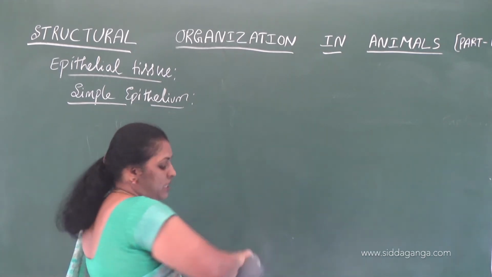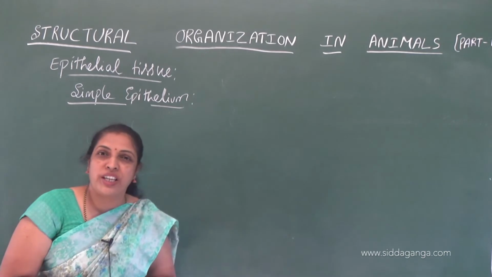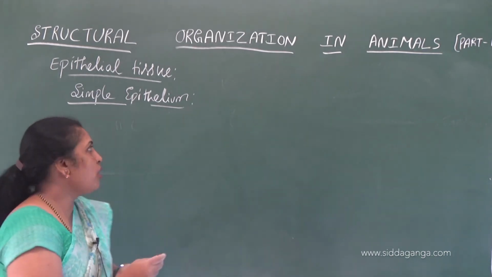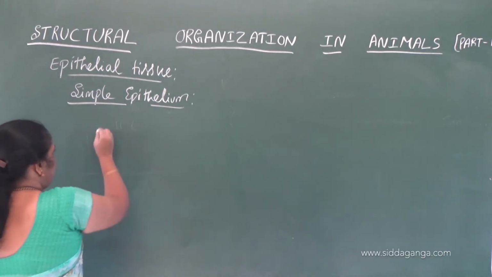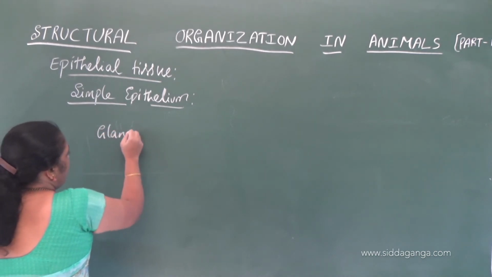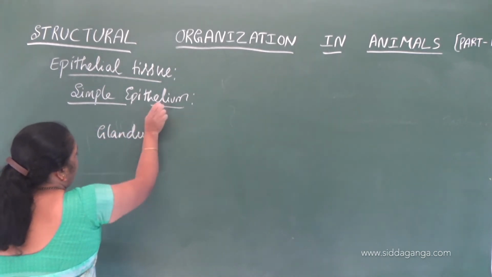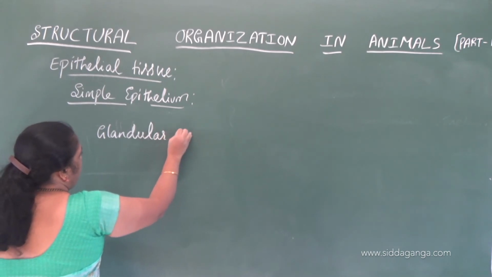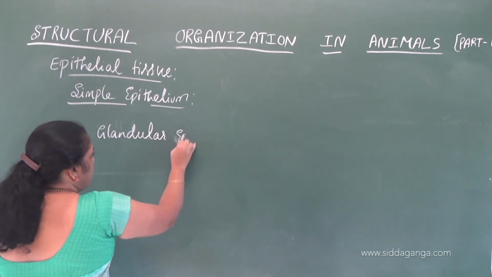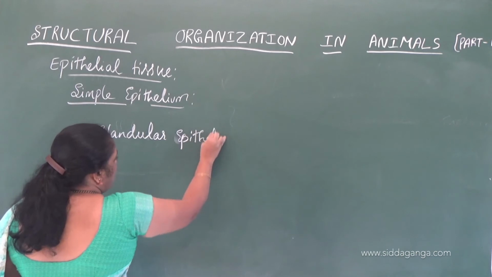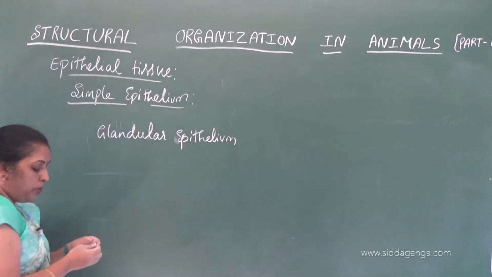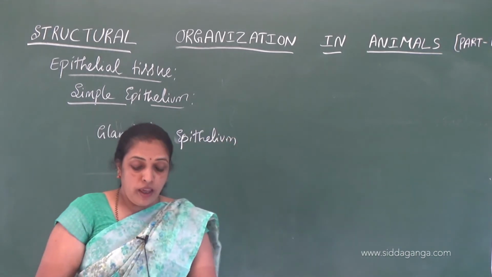And some of the cells are modified for secretion. Those cells are called glandular cells, and the epithelium containing them is called glandular epithelium.